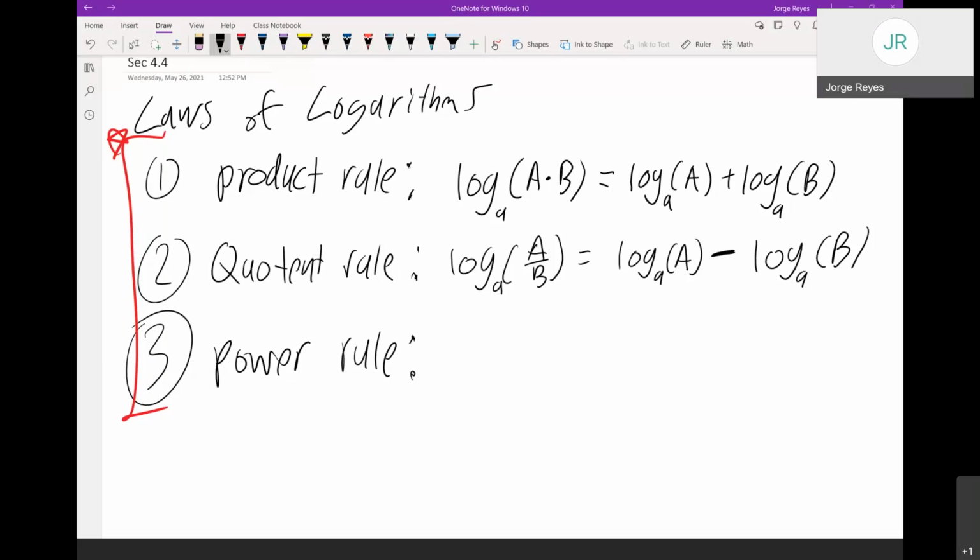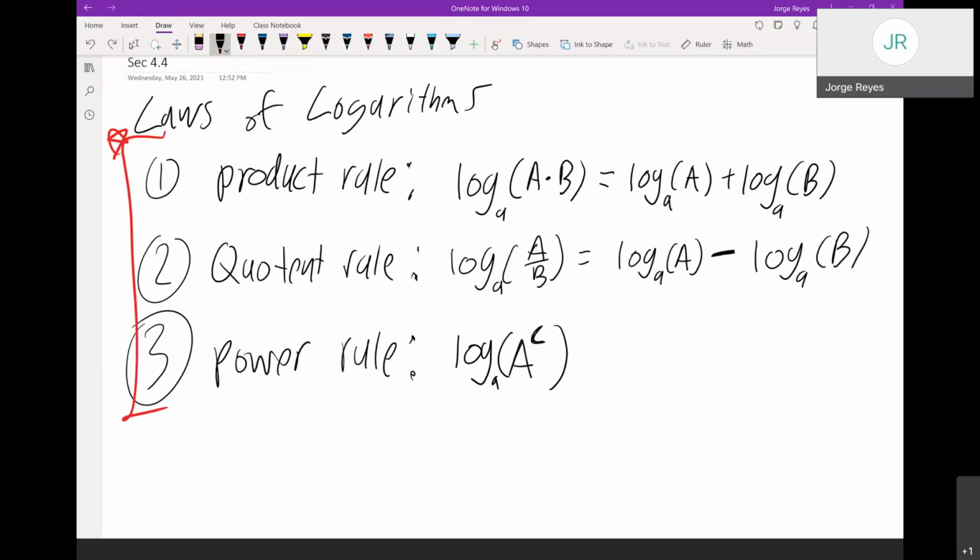The power rule is a little funny. If I have a log, any base, and I have something to a power on the inside, basically I can take the power and put it in front.